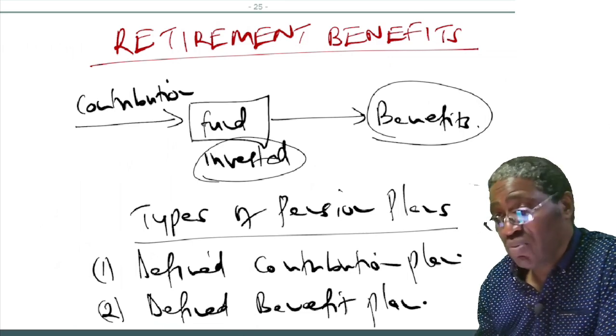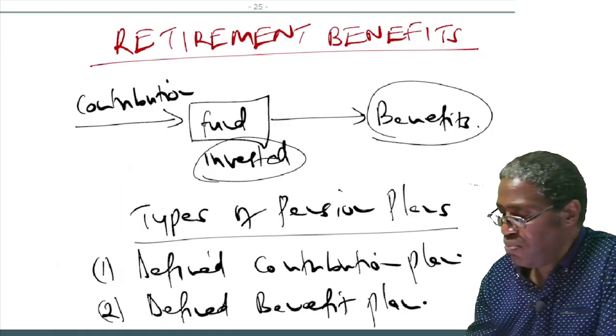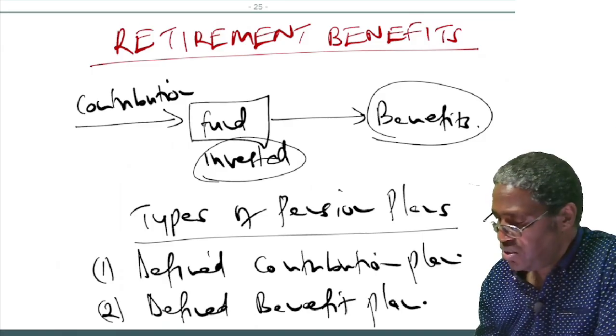So a pension scheme is an arrangement whereby the employer promises to provide benefits to the employees when they retire.